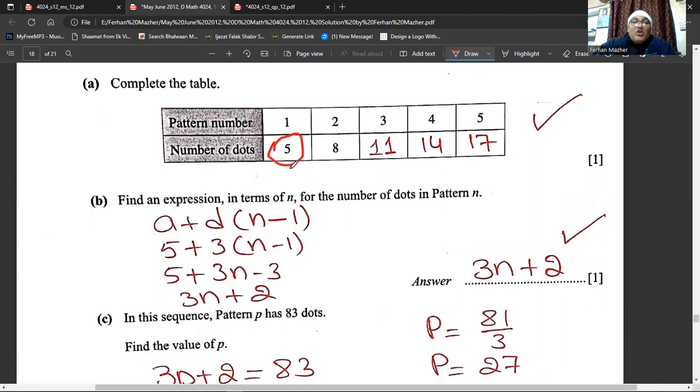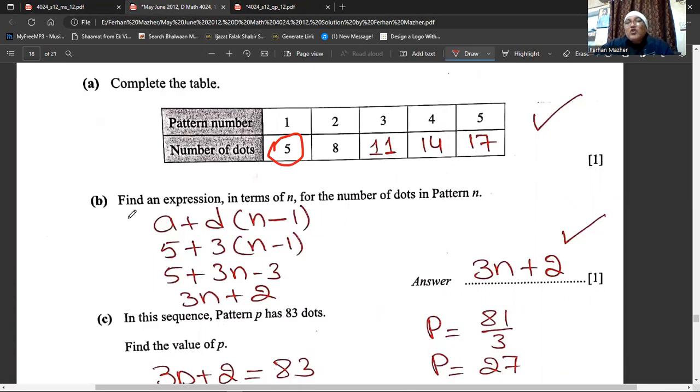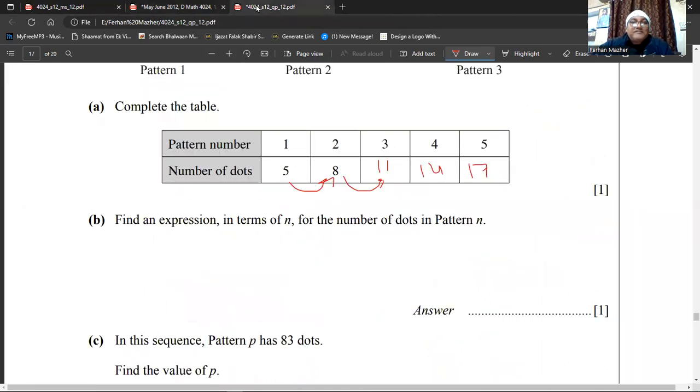And d means the common difference, which is 3. So it will be 5 plus 3 bracket n minus 1 bracket close. It will be 5 plus 3n minus 3, which is 3n plus 2. So 3n plus 2 is the nth term, and I hope you understand how we found the nth term of this sequence. Remember this formula, never forget it.